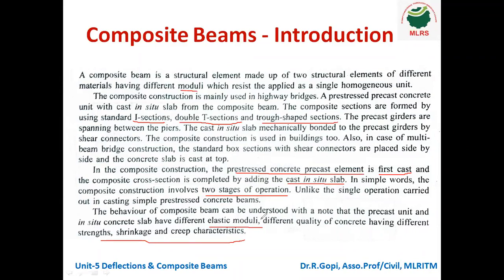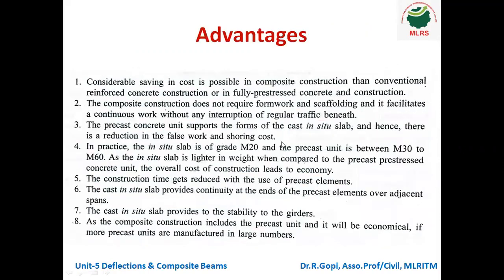For a normal prestressed concrete beam, we achieve around 35 to 40 MPa, but in the case of normal RCC, we go for M20 and M25 concrete. So these are the introduction.